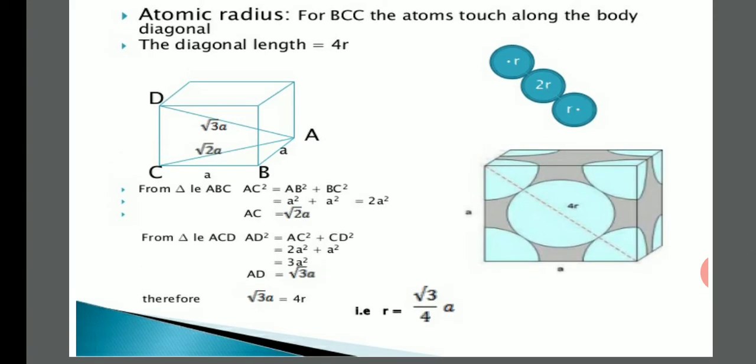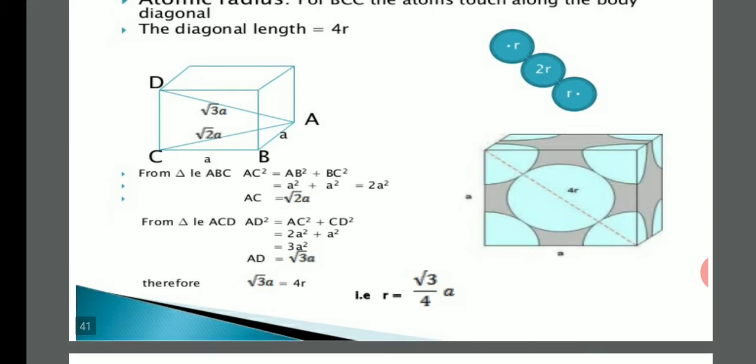Similarly take triangle ACD: AD square equals AC square plus CD square. AC square is 2a square, CD square is a square, meaning 3a square. So AD is root 3 a. Therefore root 3 a equals 4r, so r equals root 3 a by 4.